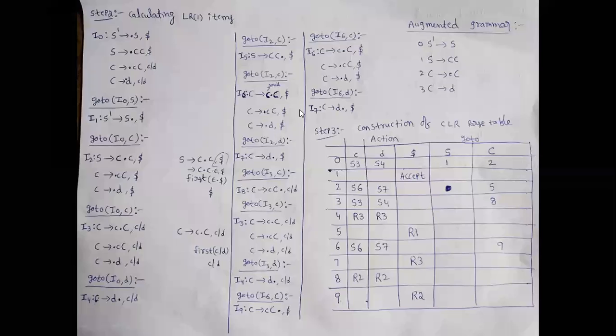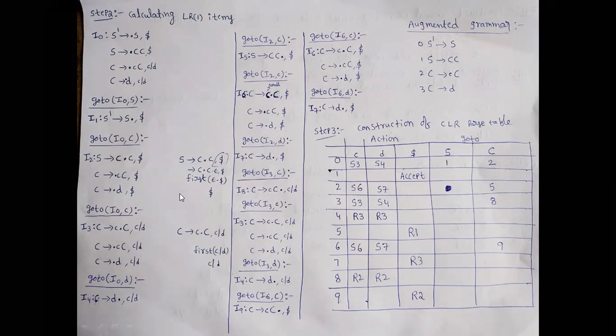So this is considered a new state, that is I6. Why? Because here C is production with small c dot C, and C is production with dot C capital C, and C is production with dot D. Is this production equal to this one?